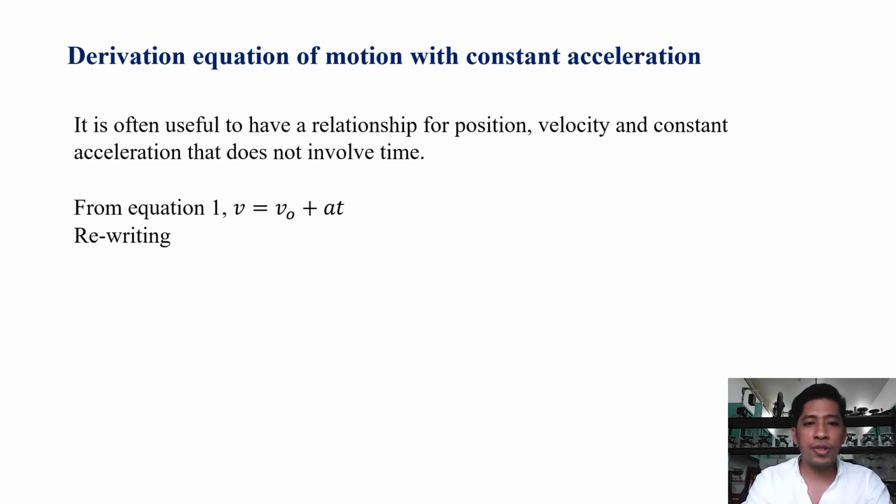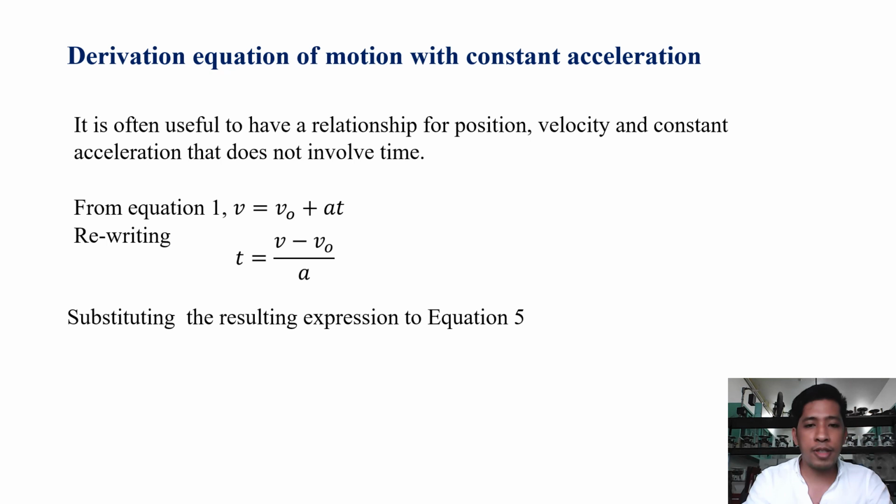It is often useful to have a relationship for position, velocity, and constant acceleration that does not involve time. From equation 1, you have again your v is equal to v0 plus at, and rewriting it in terms of t, your time is equal to v minus v0 over a.